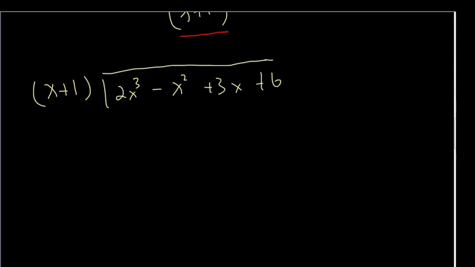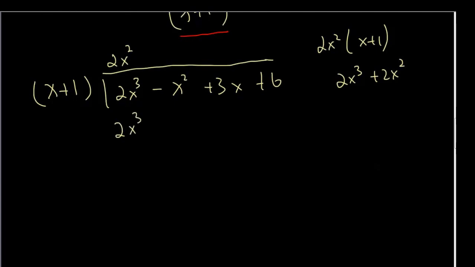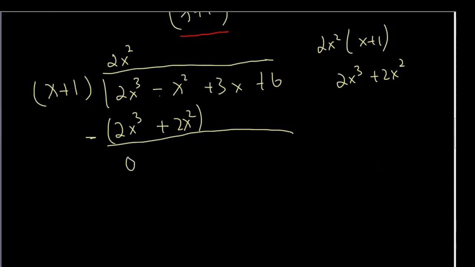Now 2x squared into x plus 1 gives me 2x cubed plus 2x squared. Again, guys, very important: this is everything negative on the inside, so that will be 0, and negative 1 minus a positive 2.